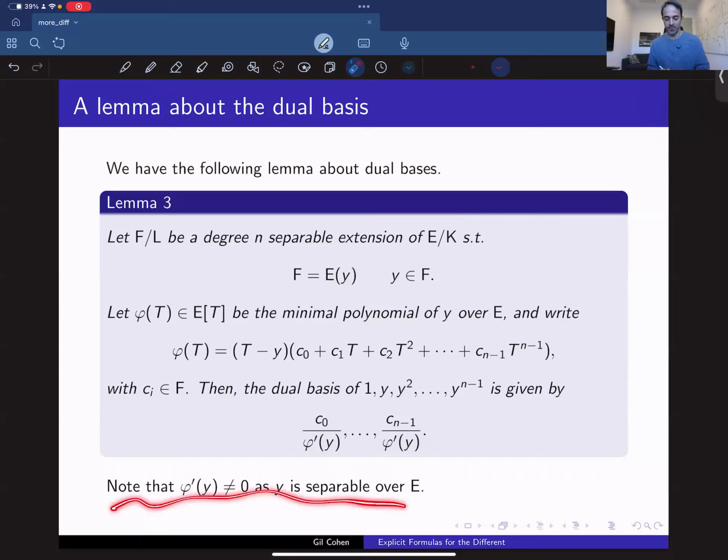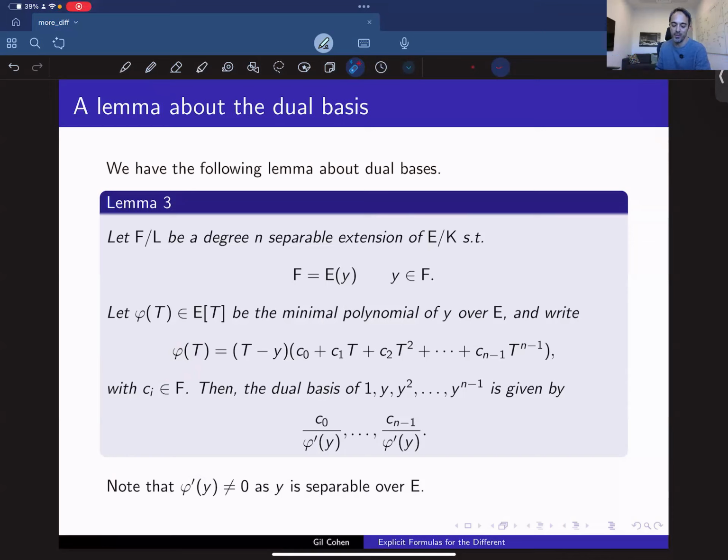That's what's written here. Okay, so let's turn to prove this lemma, which again, I think is kind of a remarkable lemma. It tells you that all the abstractions, at the end of the day, once you fix a generator, a basis so to speak, it's quite explicit. The only thing you need to do is find the minimal polynomial. In our case, for example, y squared is x squared minus x.